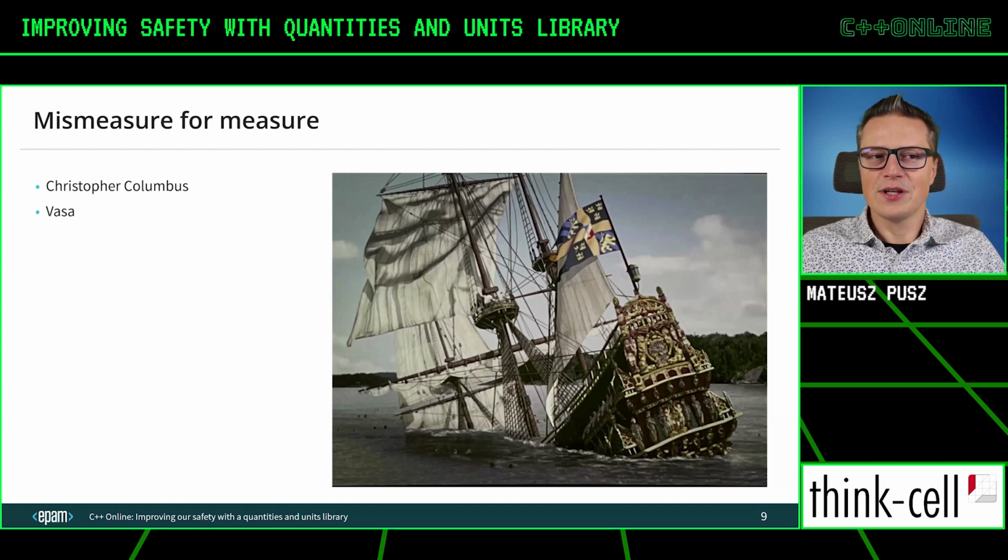It is believed that one of the sides was developed in Swedish feet, which is like 12 inches right now, and the other one was in Amsterdam feet, which is 11 inches right now. So 1 inch of difference between those different feet used by two different teams of workers on two different sides of the boat. And because of it, one of the sides of the boat was heavier than the other one, and because the boat was unstable because of other reasons, it just collapsed on one side and sank.